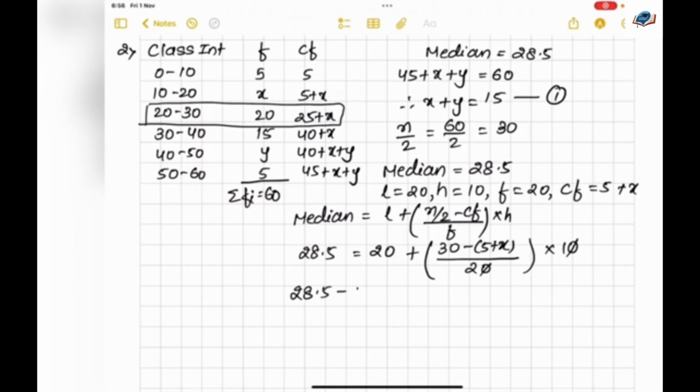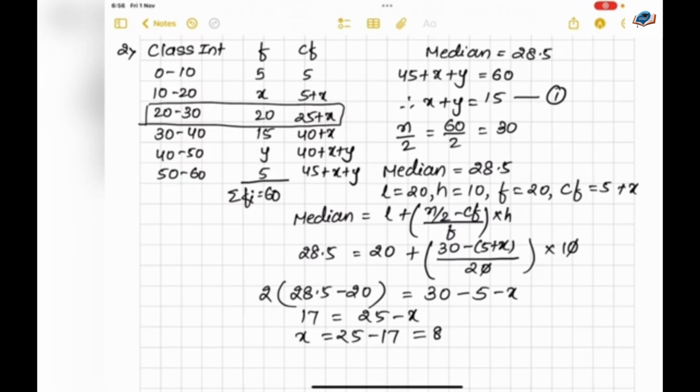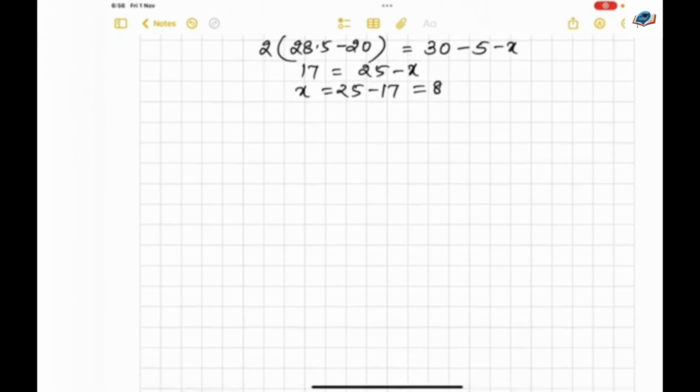So I can say 28.5 minus 20. And now 2 is in divide, so I am bringing it on the other side. So it is in multiplication, 30 minus 5 minus x. So this will be 8.5 into 2. So 17 equal to 25 minus x. So x equal to 25 minus 17, so 8. Now I got x equal to 8.